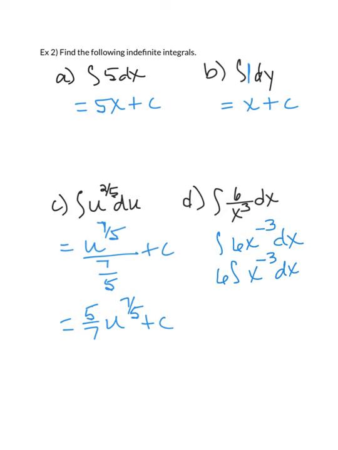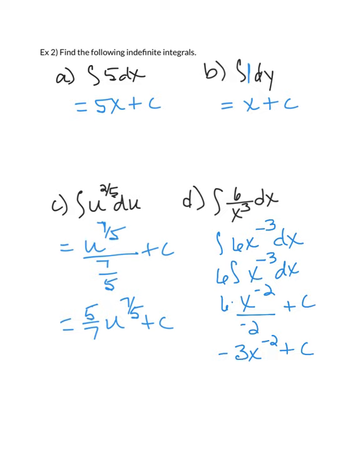Our rule says just keep the coefficient. Now add 1, so you get a new power of negative 2 over negative 2 plus c. We can simplify this 6 over negative 2 and get negative 3x to the negative 2 plus c.